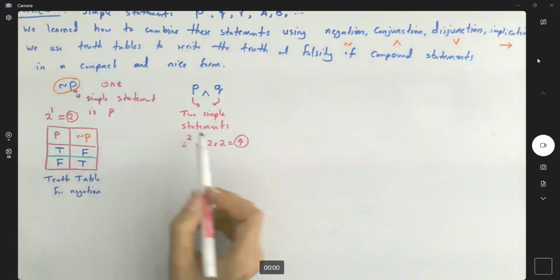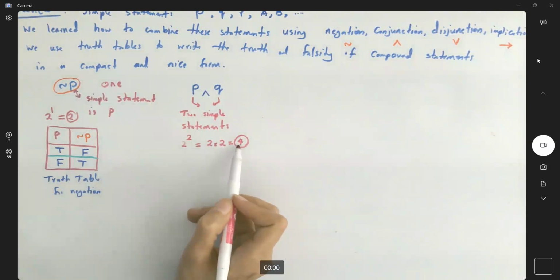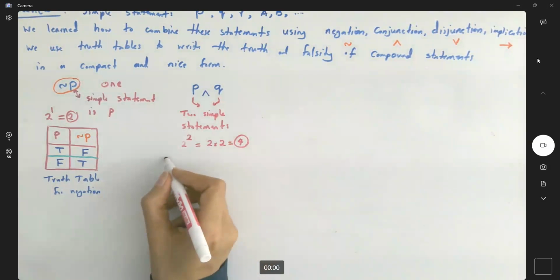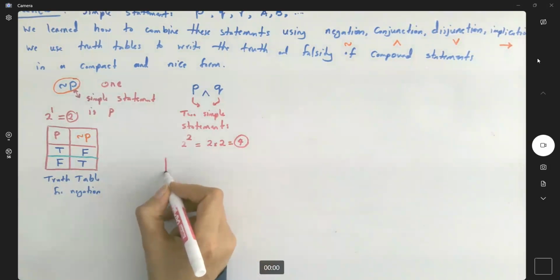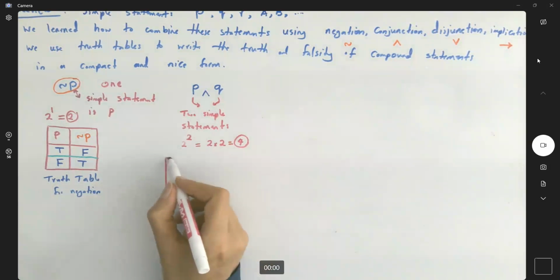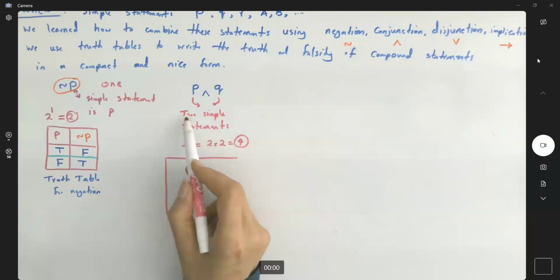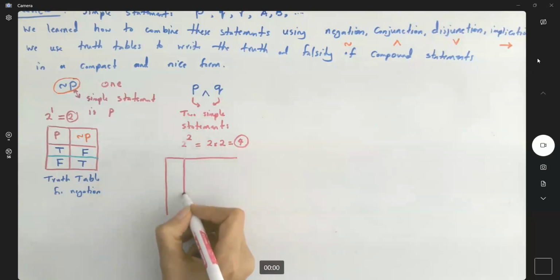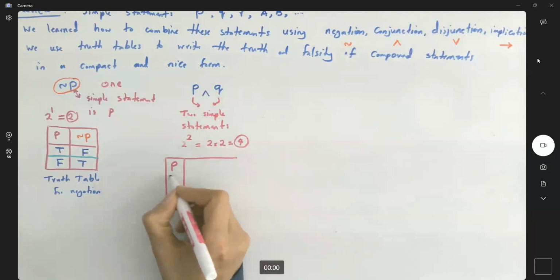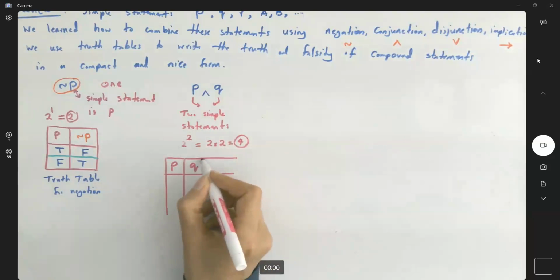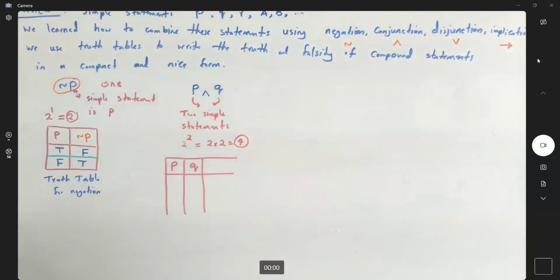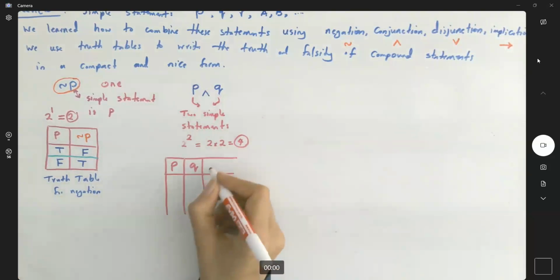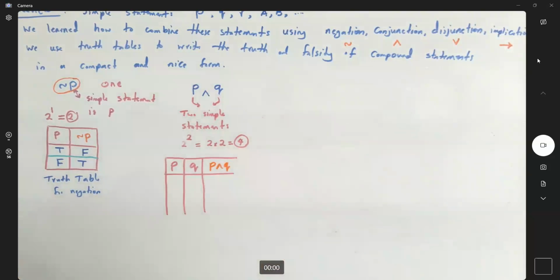But here you get 4 combinations because you have 2 simple statements. So what does the table look like? Since we have 2 simple statements, we start with 2 columns, one for P and the other for Q. The last column is for this new statement, P and Q.